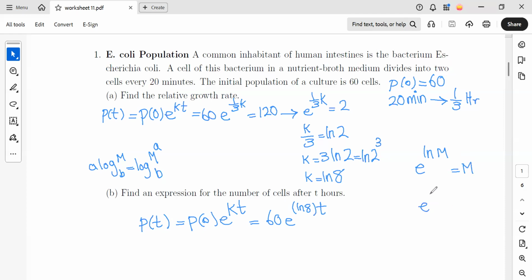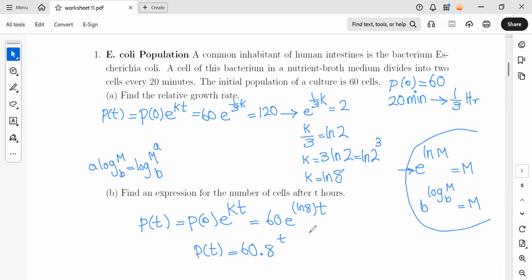We have the same formula with any base, say base b to the power log of whatever you have with the same base, that would be m also. So following these formulas, we can rewrite P of t as 60 times 8 to the power t, because e to the power ln of whatever we have will be m, which is 8 here, to the power t.